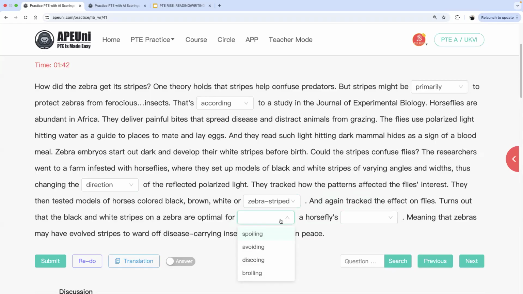Avoiding. It's not discoding. Is there a word like spoiling?